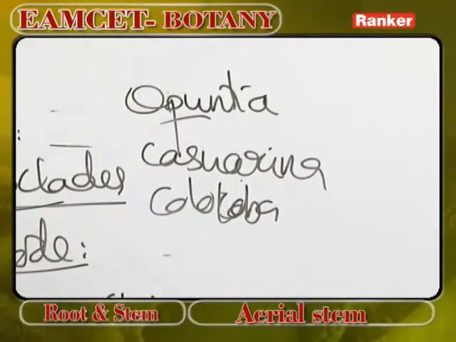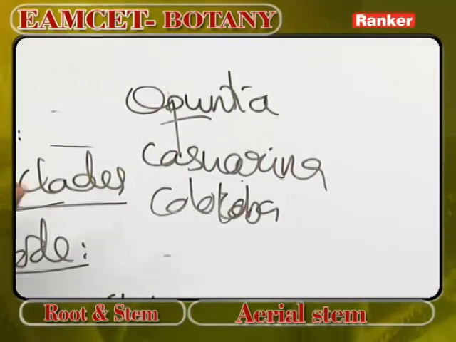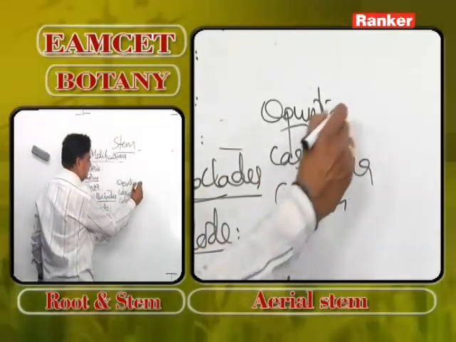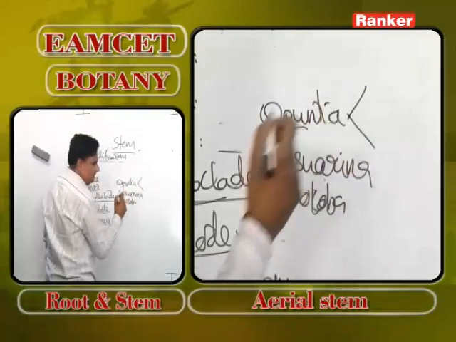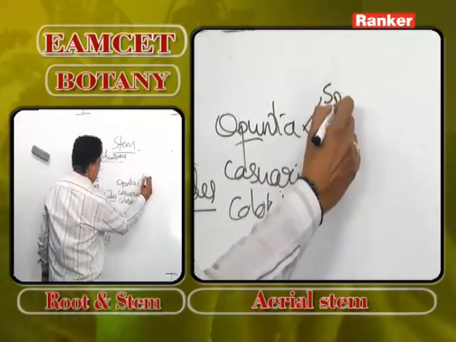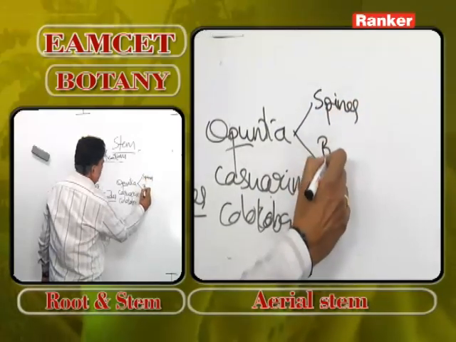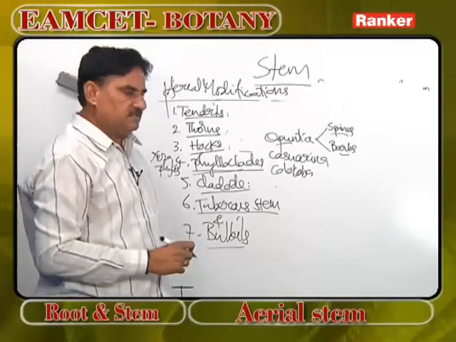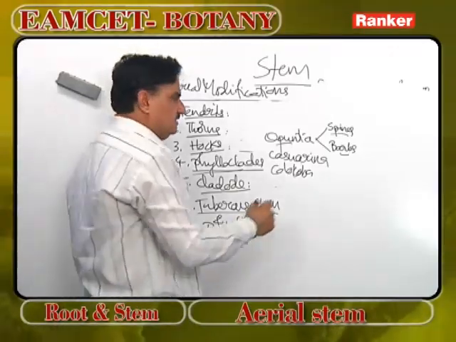In Opuntia, broad, expanded, fleshy, succulent phylloclades are present, where all the leaves of the axillary buds are modified. Some leaves become spines, some become barbs. Spines are pointed structures providing protection. Barbs are smooth, hair-like structures.